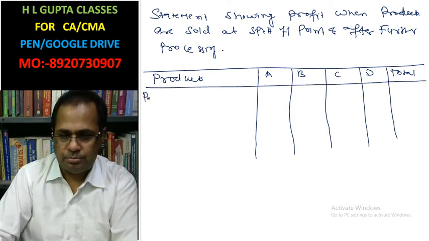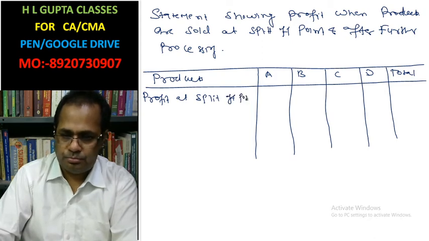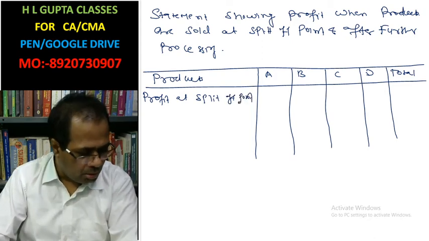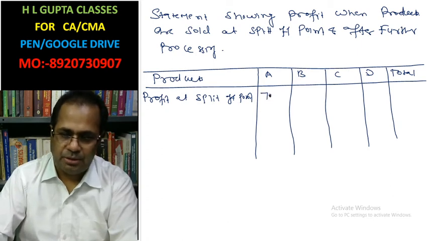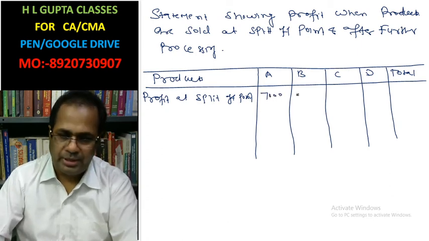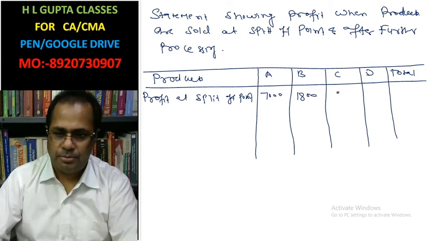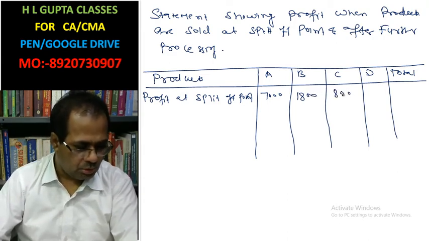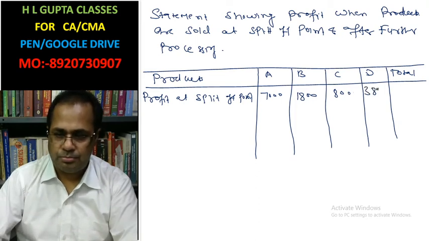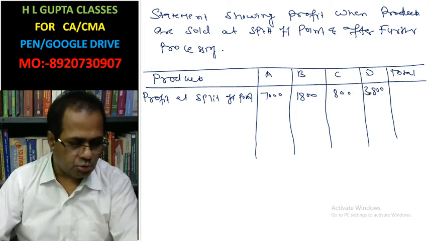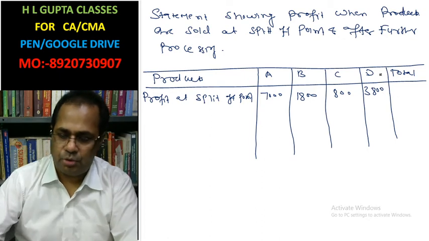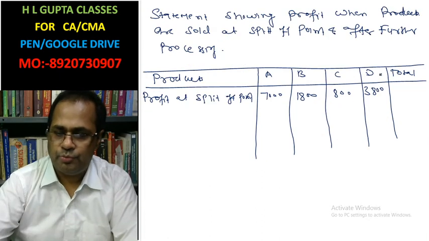Profit at a split-off point: 7,000, 1,800, 800, 3,800. The total profit is 13,400.